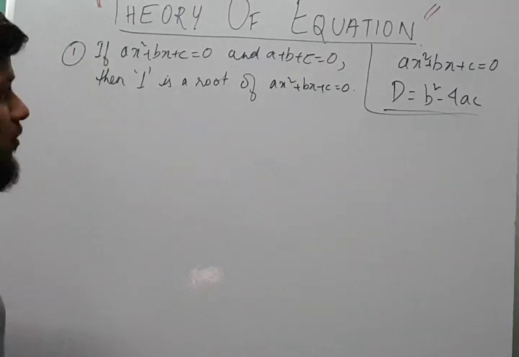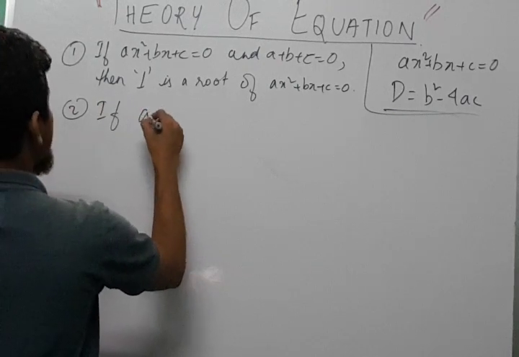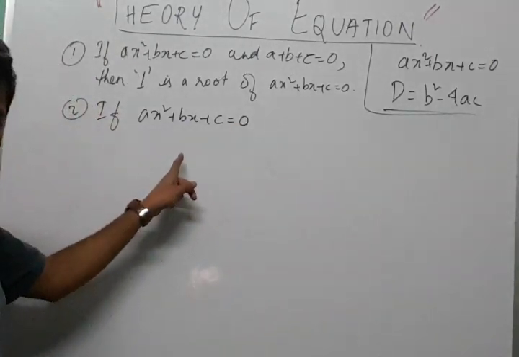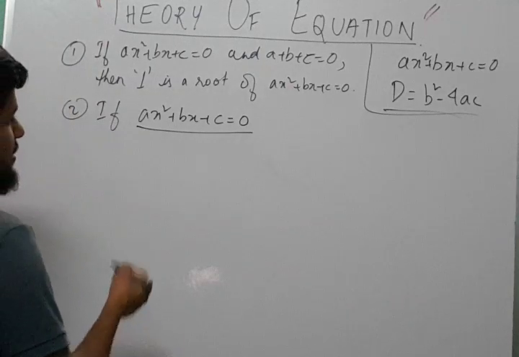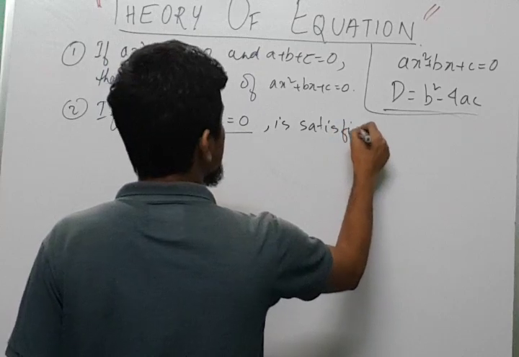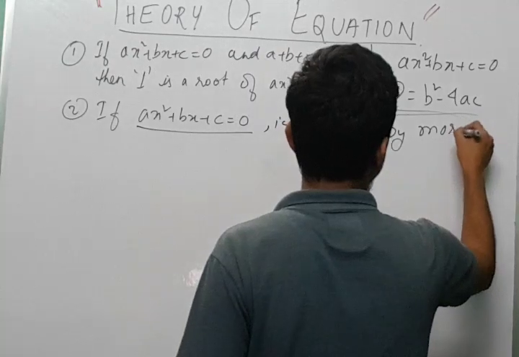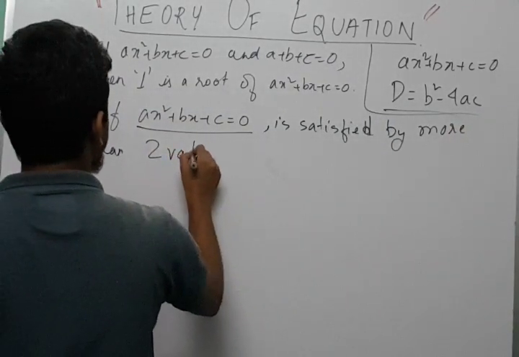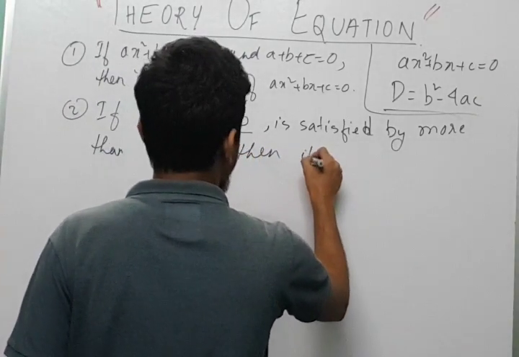Then the next condition that I want to talk about is that suppose we have the quadratic equation ax squared plus bx plus c equal to 0. If this equation is satisfied by more than two values, then it is an identity.